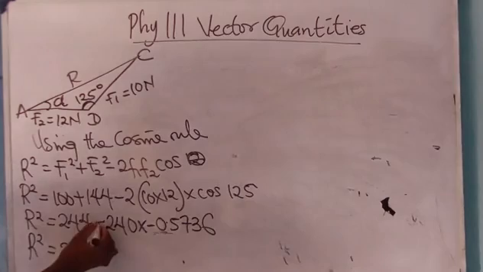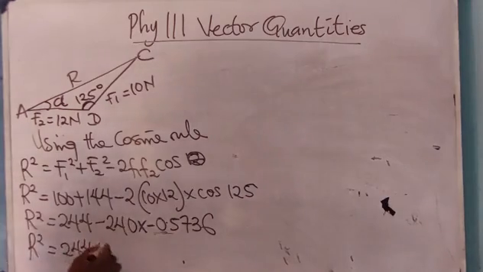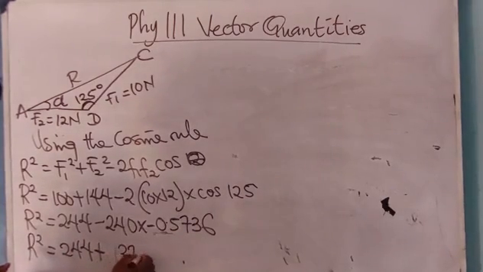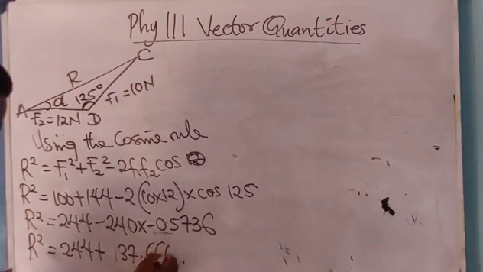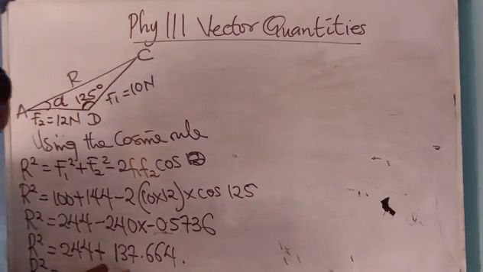Plus. 240 times 0.5736, I will have 137.664.